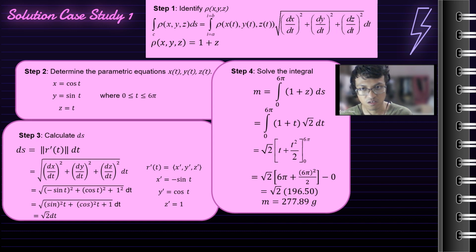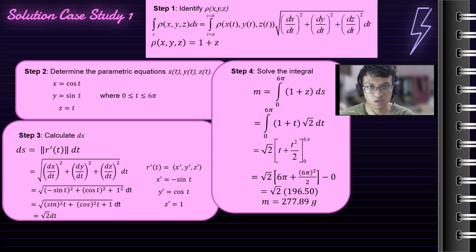multiplied by dt. After we take the square root of the sum of the squared derivatives of x, y, and z, we solve it and get the magnitude of r prime of t equals square root of 2, so ds equals square root of 2 dt.